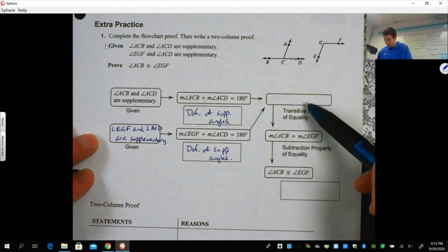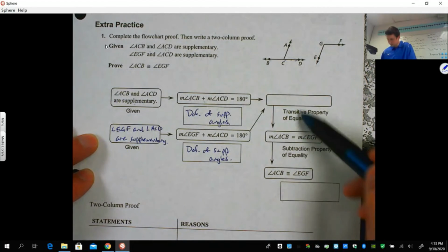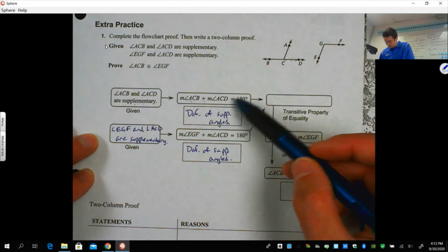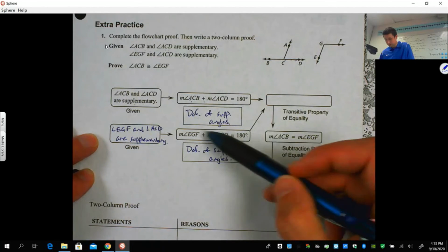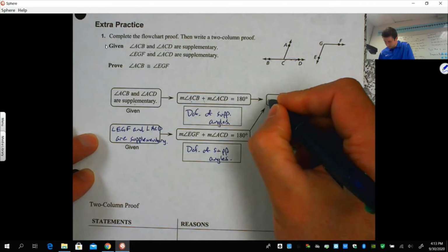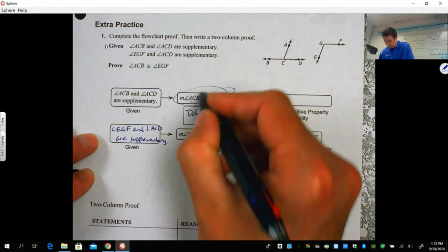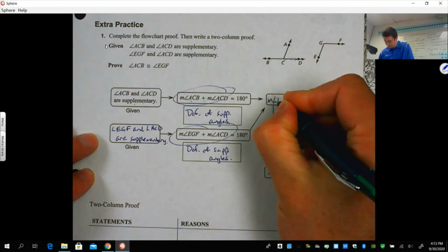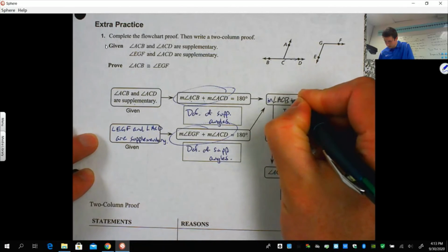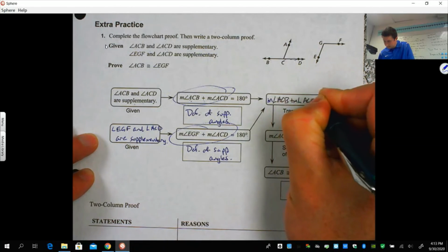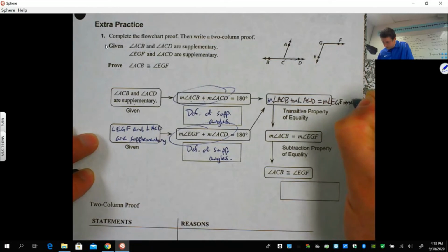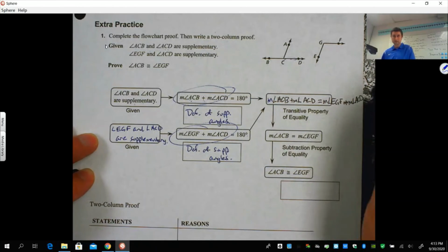These two come together. We have a transitive property of equality that they want us to use, right? So if ACB plus ACD equals 180, and 180 equals EGF plus ACD, these two parts are going to equal each other. So the measure of angle ACB plus the measure of angle ACD equals the measure of angle EGF plus the measure of angle ACD.